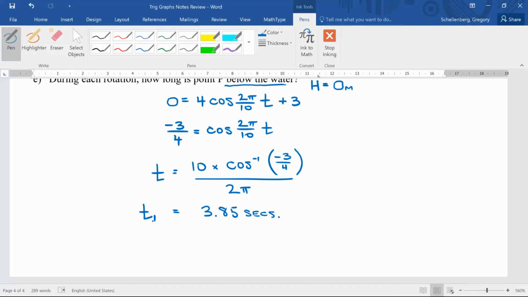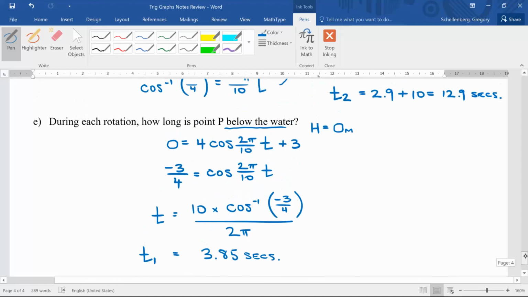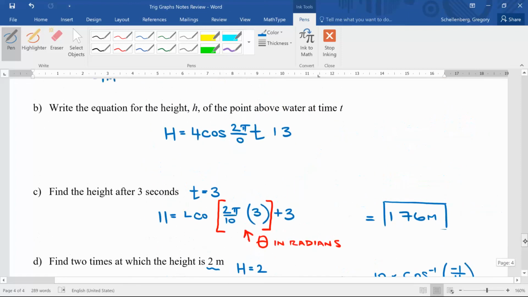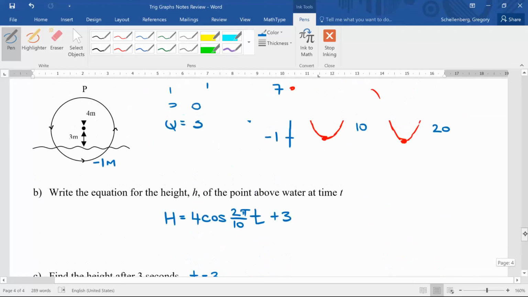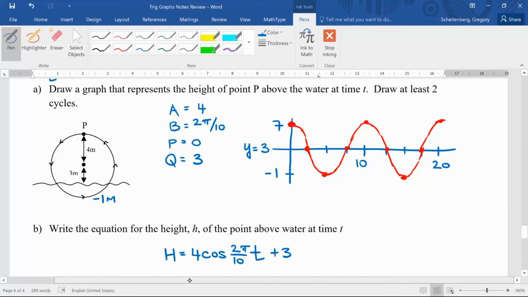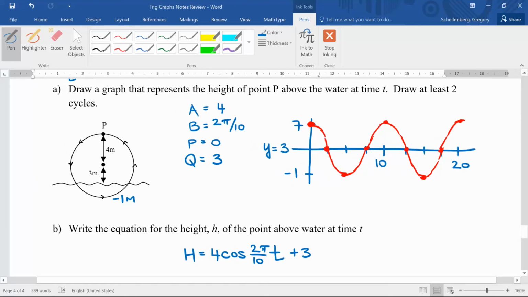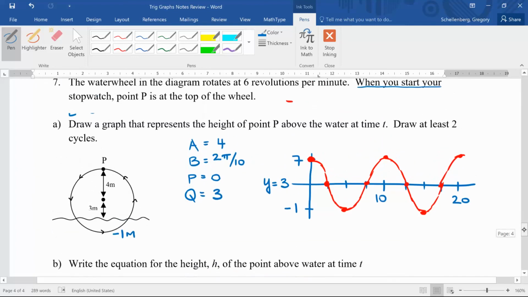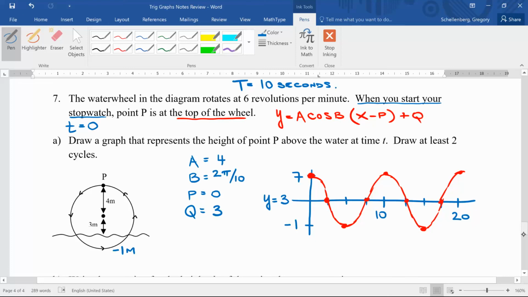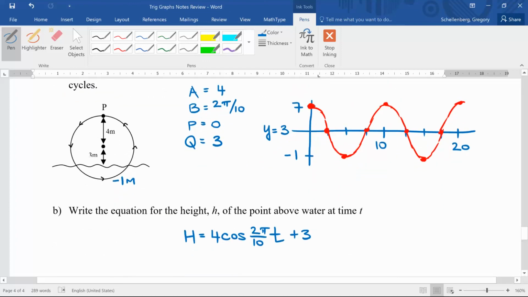Okay, now to answer this question, let's go back up to our graph up here. Let's get a little more information. The water wheel in the diagram rotates at 6 revolutions per minute. When you start your stopwatch, point P is at the top of the wheel. Okay, so here's what we've determined.